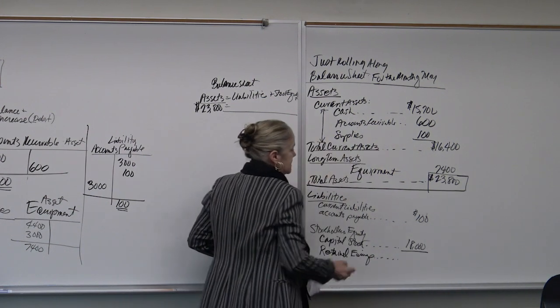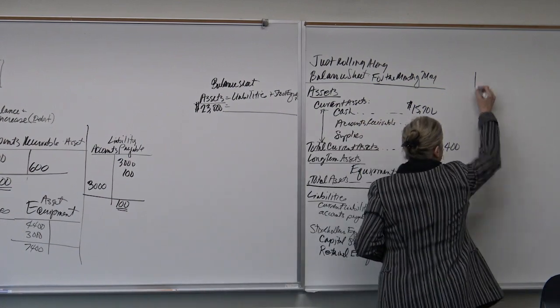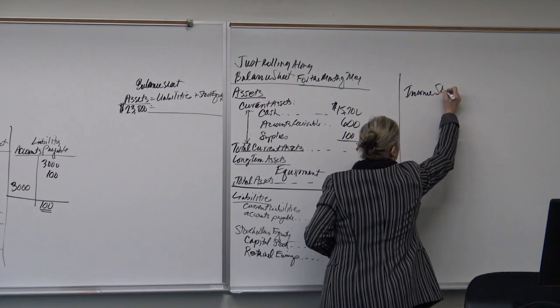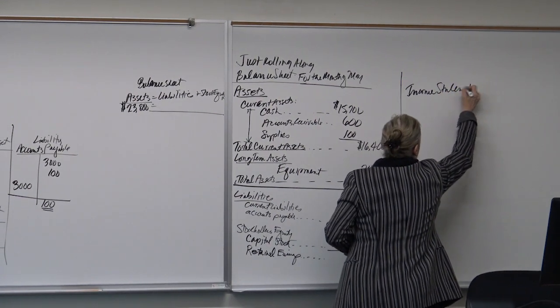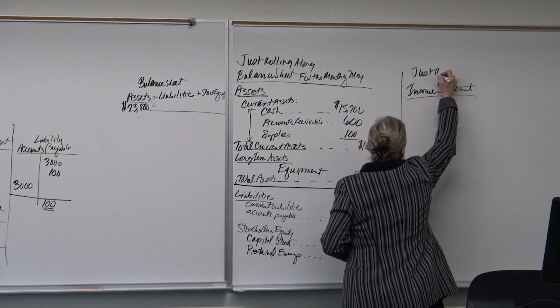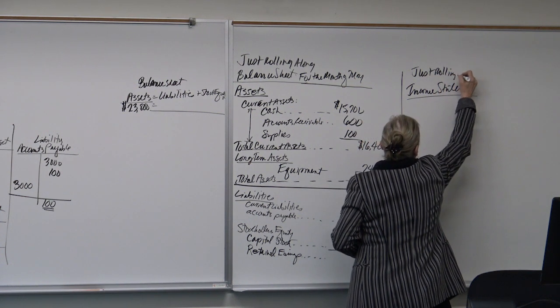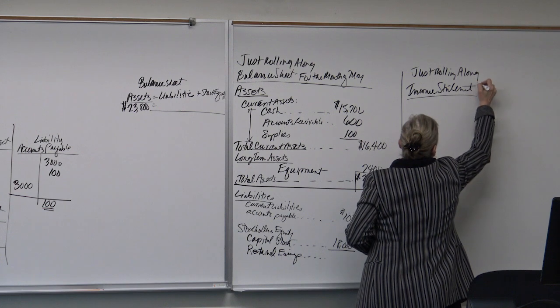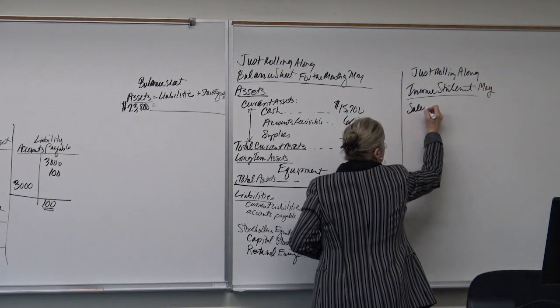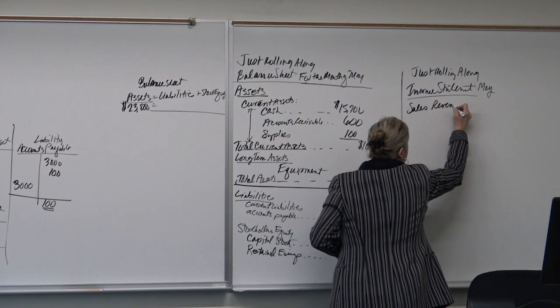Where do we get the retained earnings? Let's look at the income statement. Here we have our revenue minus expenses for just rolling along for the month of May. We're going to have our sales revenue less expenses.